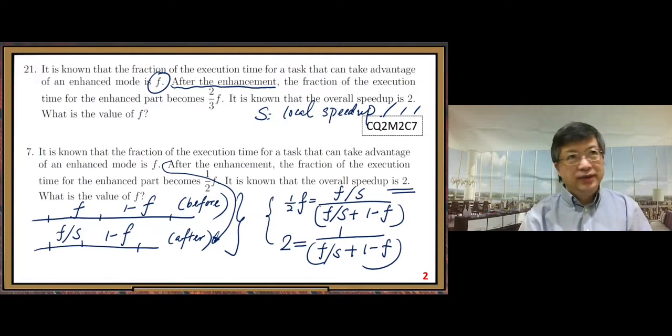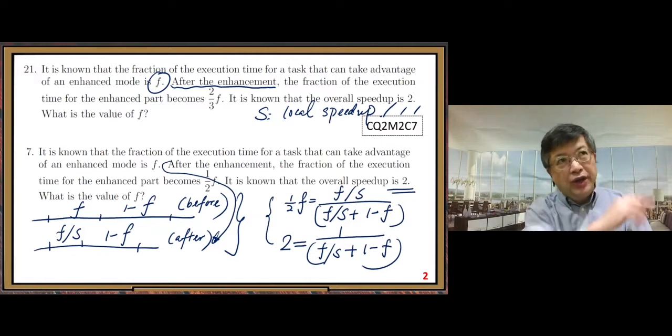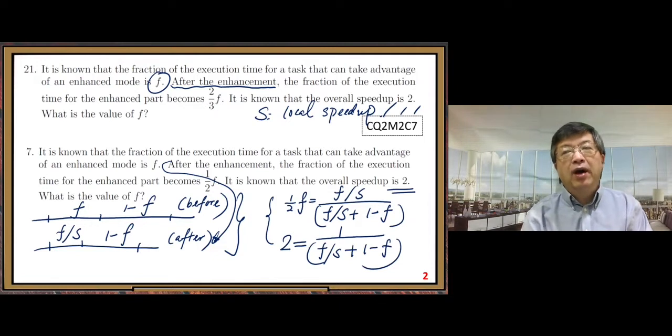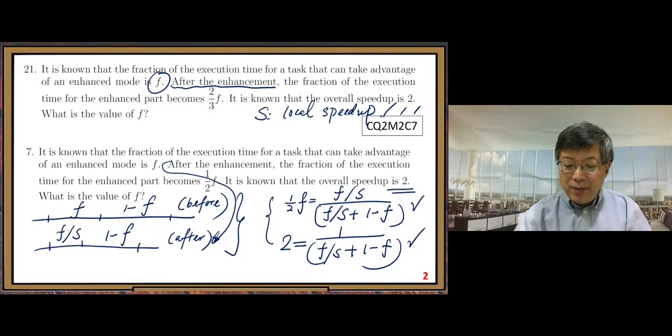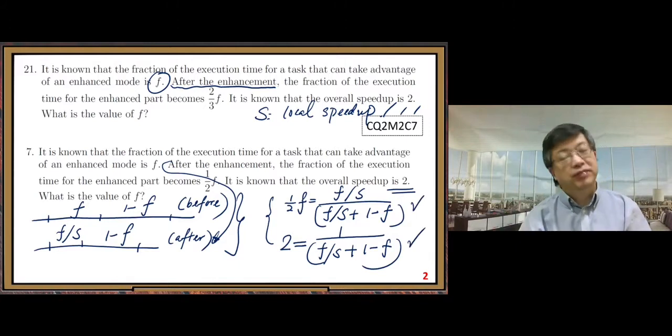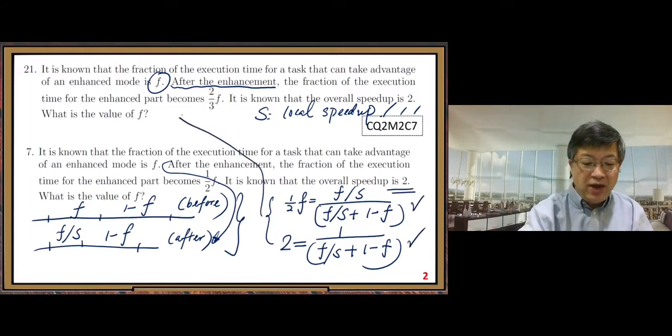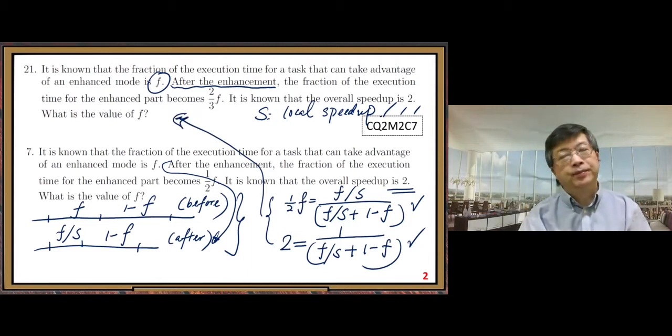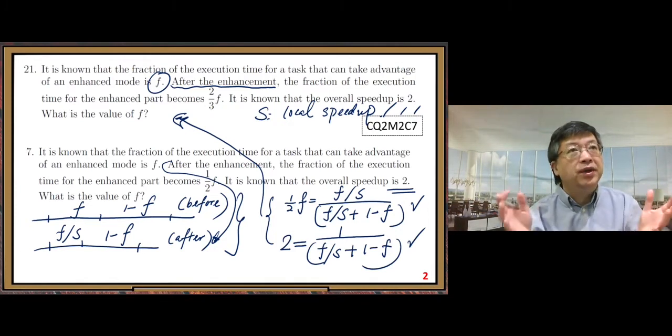If you look at one of the examples in our notes, similar to this one, and you can solve these 2 simultaneous equations easily, you can just do the same thing on question number 21. Not very hard, but you need to understand the background, why we do it in this way.